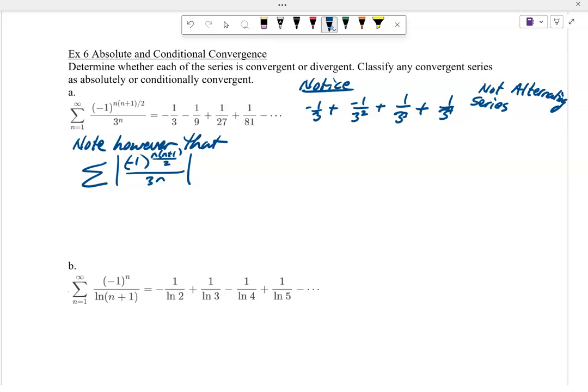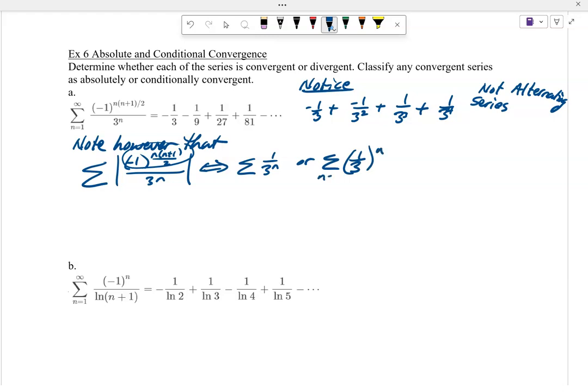So if I take out the alternating part, which is this numerator up there, then I'm just left with that part, which is the same as 1/3 to the n.